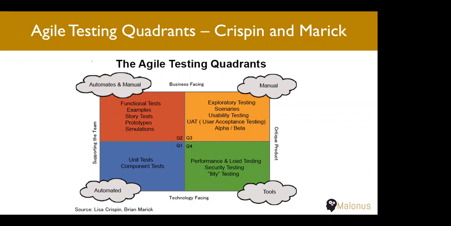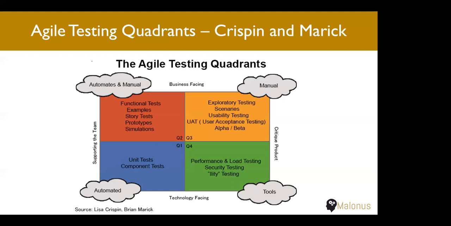In the automated and manual quadrant, there is a focus around functional tests, examples, story tests, prototypes, and simulations. In quadrant 3, which is more manual, the focus is around exploratory testing scenarios, usability testing, user acceptance testing, alpha, beta.